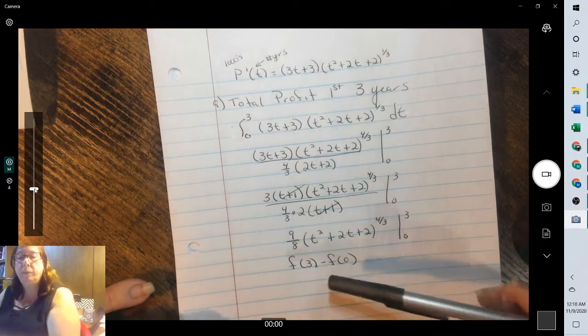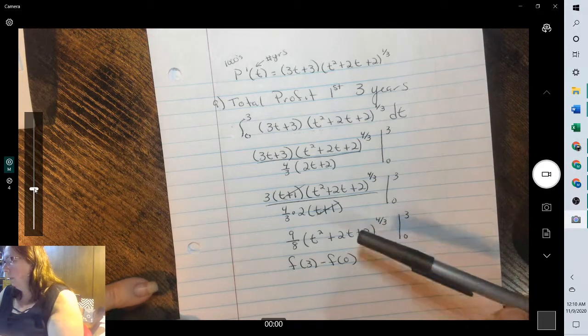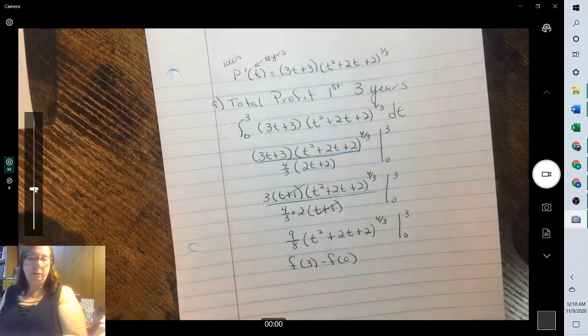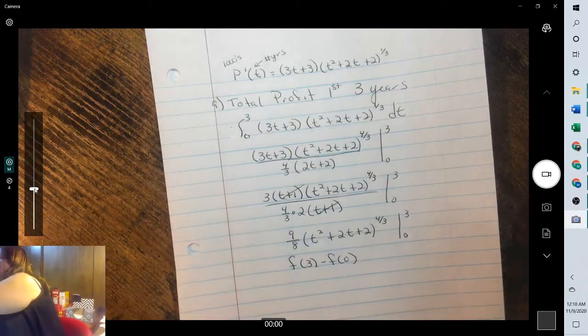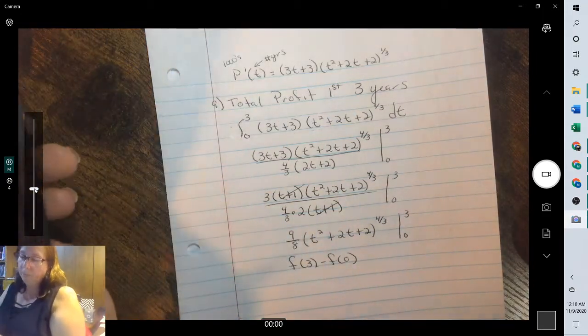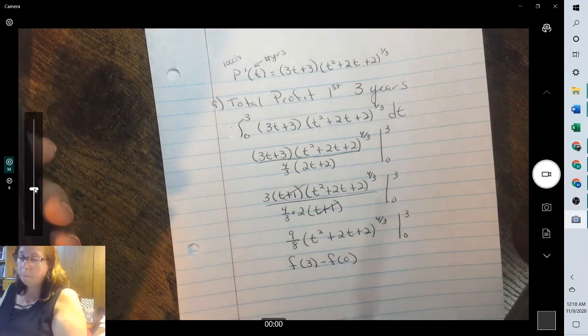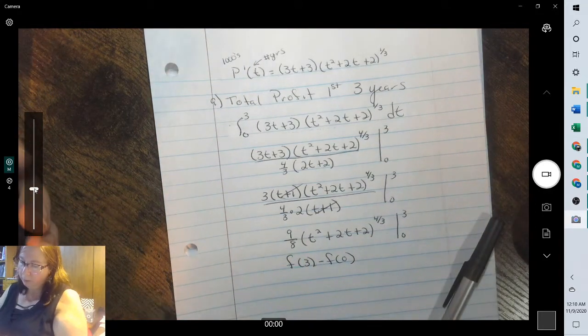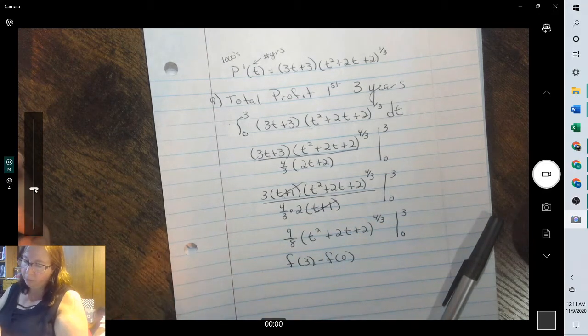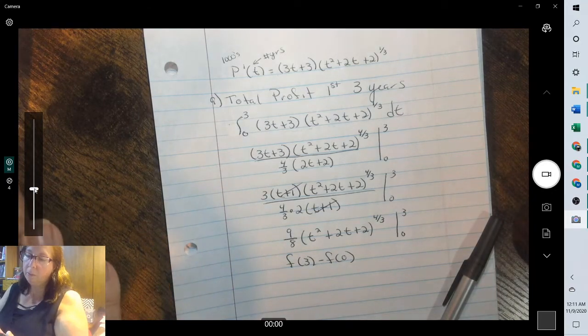Now we need f of 3 minus f of 0. Again, just put this into your calculator. Under y equals. This one we don't have to graph. But you just put the 9/8 parenthesis x squared plus 2x plus 2. This exponent you have to put in the parentheses.